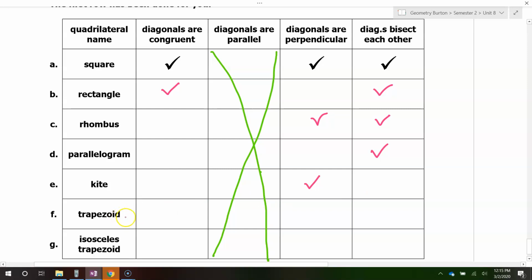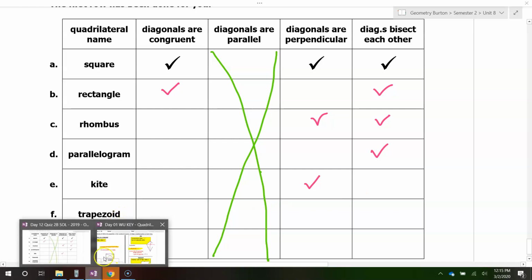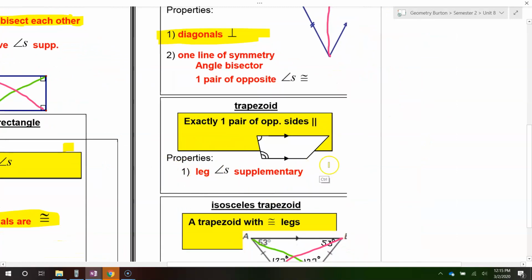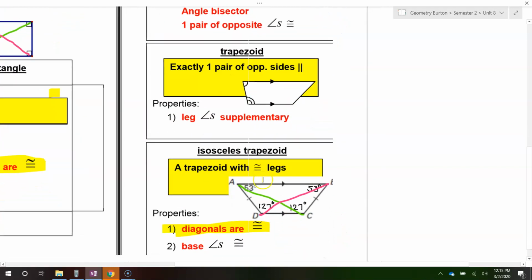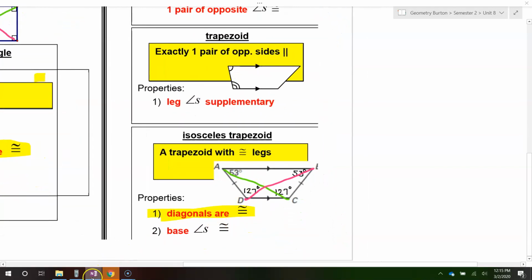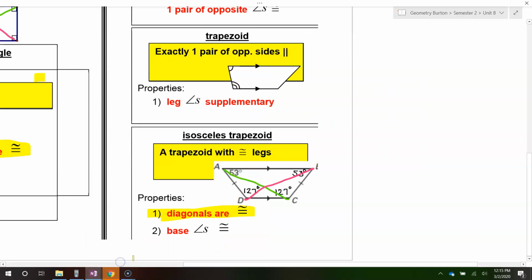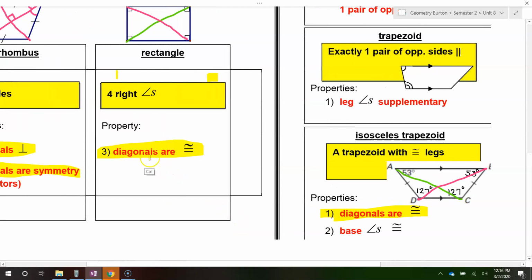Okay, how about a trapezoid? A trapezoid was the one shape that didn't have any properties for the diagonals. Nothing, until we get to isosceles trapezoid. So for trapezoid, it's all blank. And then isosceles trapezoid, we're back to diagonals are congruent. I've seen that before.